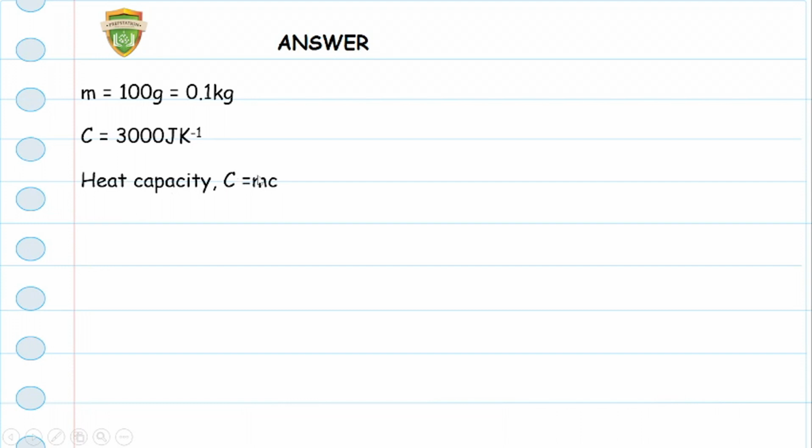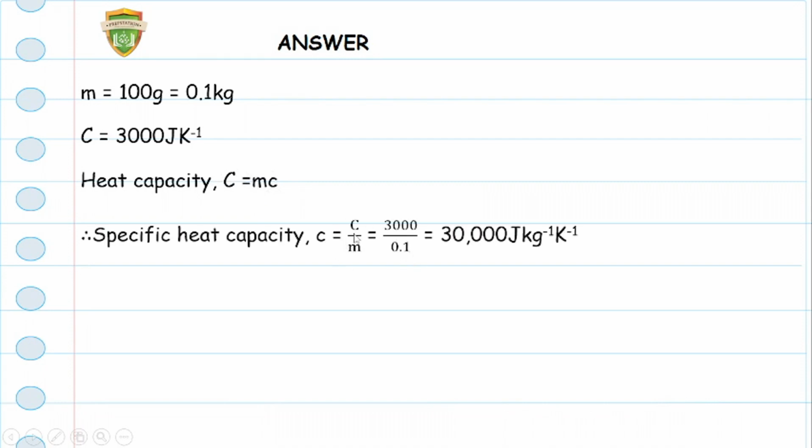And we know that the formula for heat capacity is mass times specific heat capacity. So this small c is specific heat, this big C is heat capacity, which is the one we're given, and we have our mass. So we find the specific heat capacity, which is simply the heat capacity all over the mass, and that becomes 30,000 joules per kilogram per Kelvin.